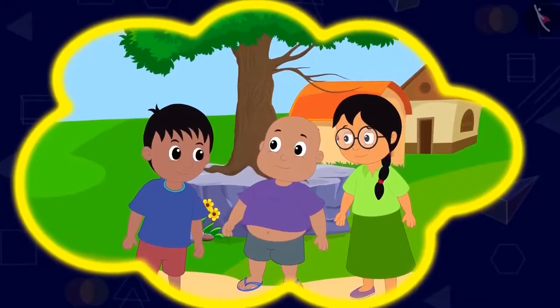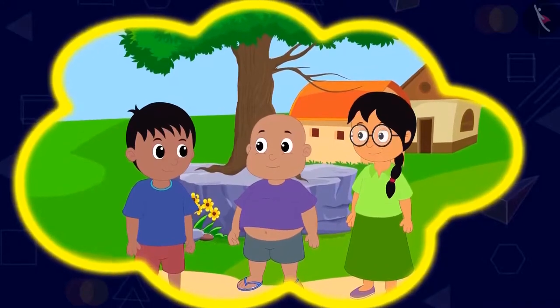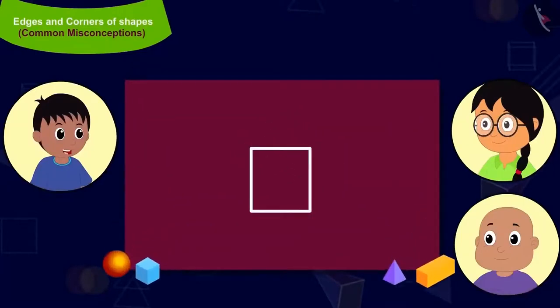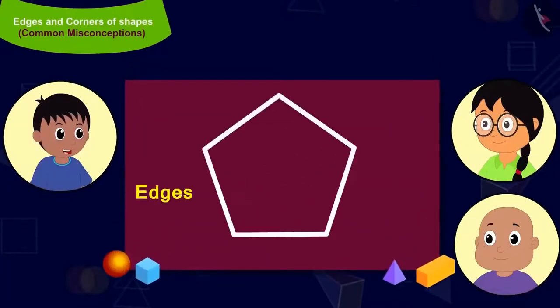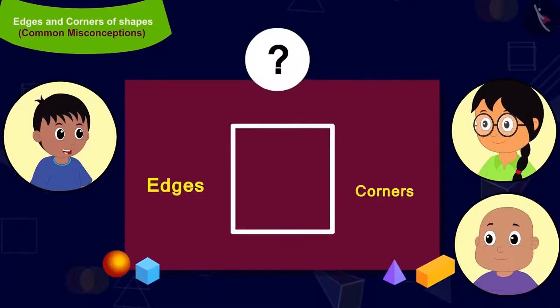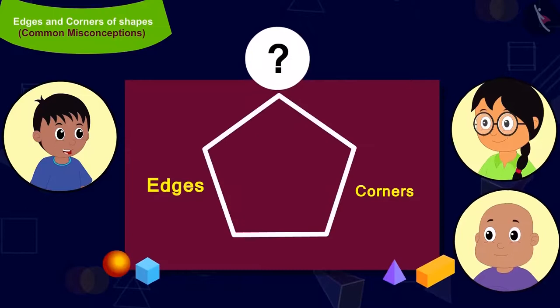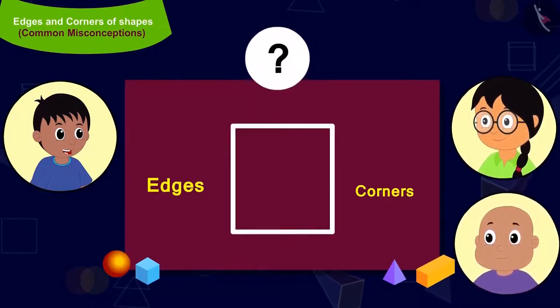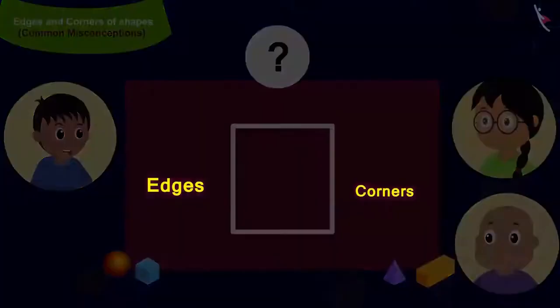Raju, Bablu and Minu are playing a unique game. Raju will tell Minu and Bablu the number of edges and corners of shapes. Minu and Bablu will have to make a shape according to the question asked.